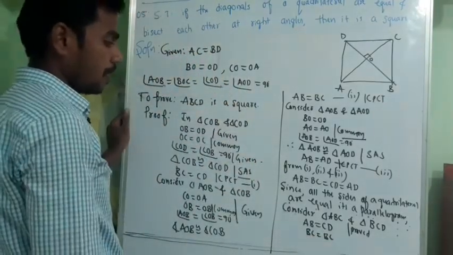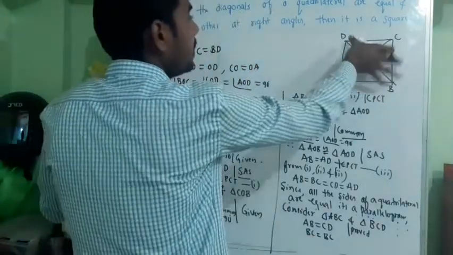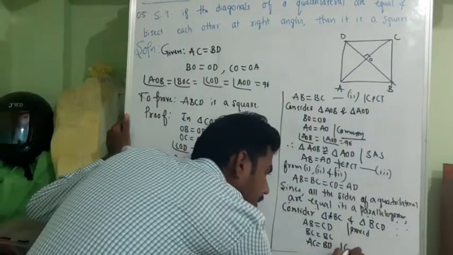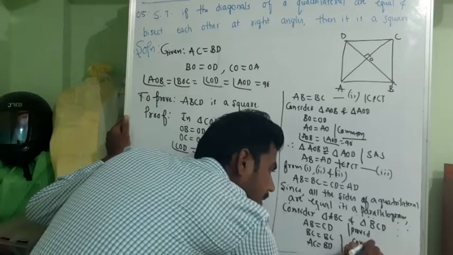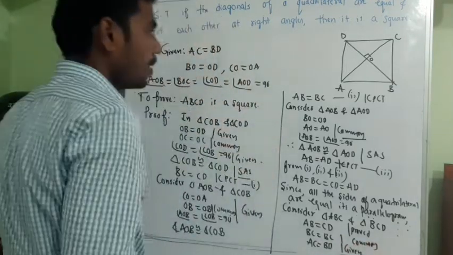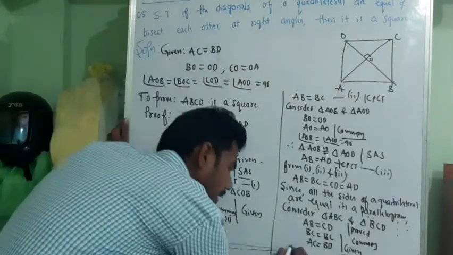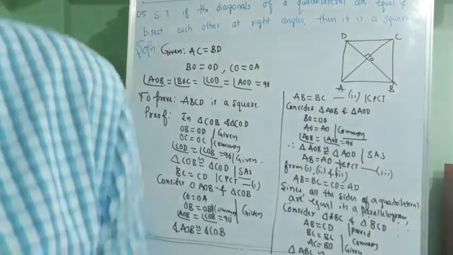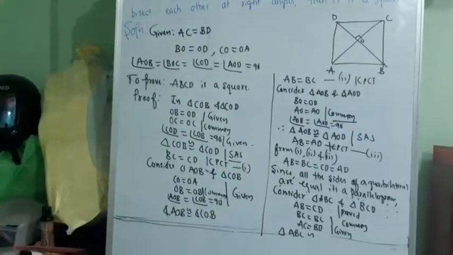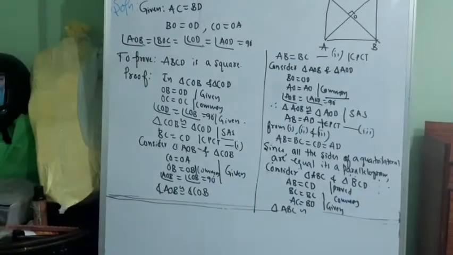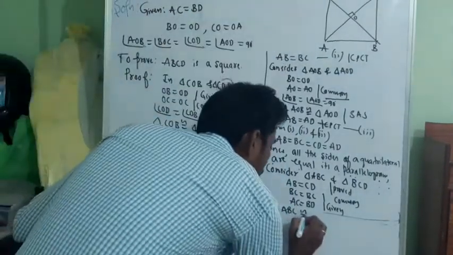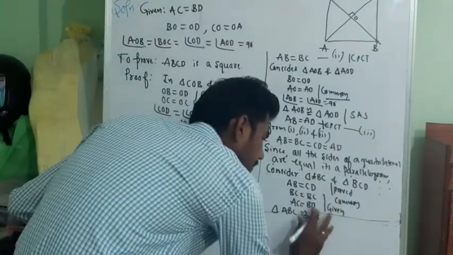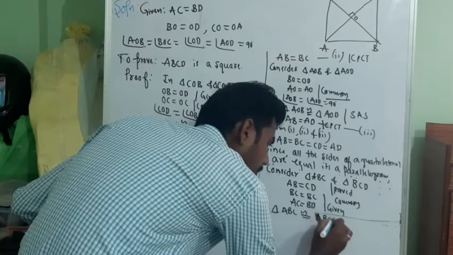And AC is equal to BD. This is given. This is a common side. Fine. So because of that, what can I write? Triangle ABC is congruent to triangle BCD.